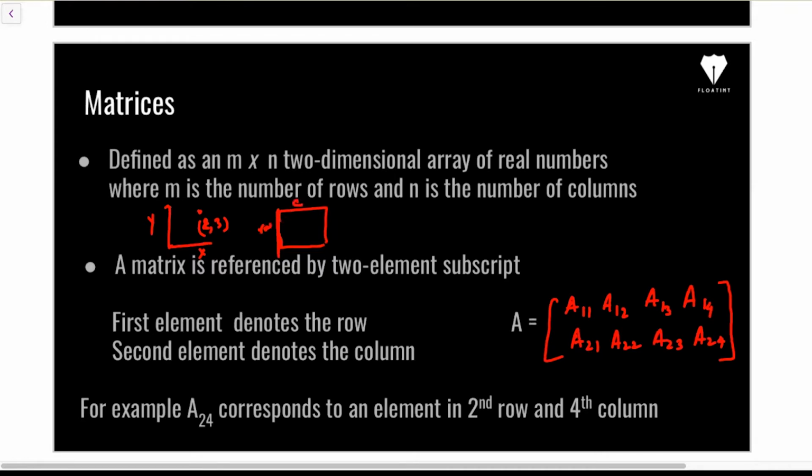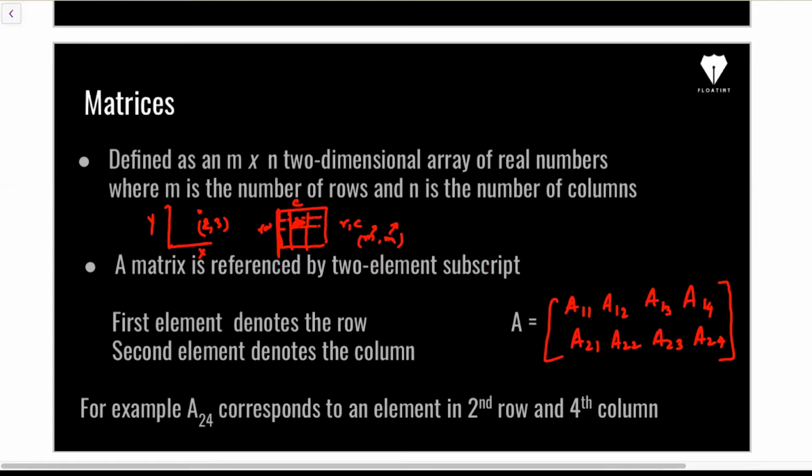You have multiple elements here, and an element is represented as R comma C, or you can say M comma N. M represents in which row that element is present, and N represents in which column it is present. So a matrix is referenced by a two-element subscript.